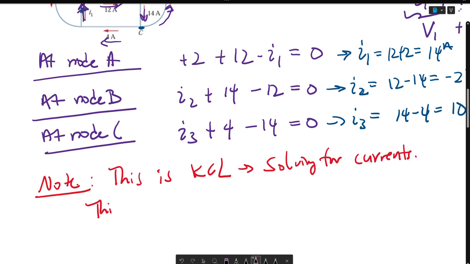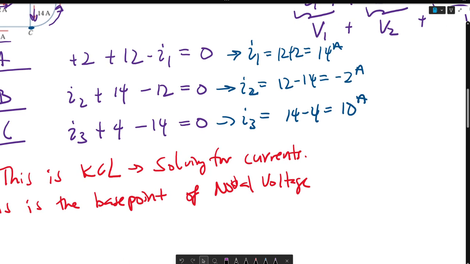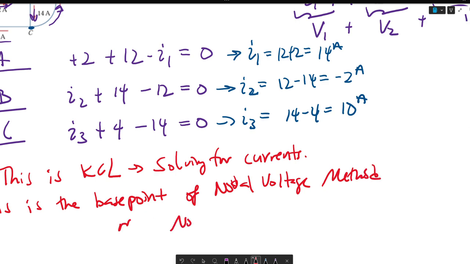And we also say that this is the base point of the nodal voltage method, also called nodal analysis.